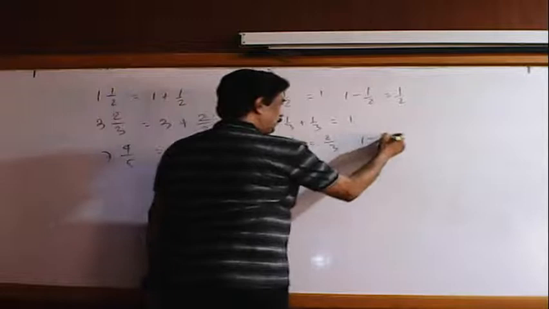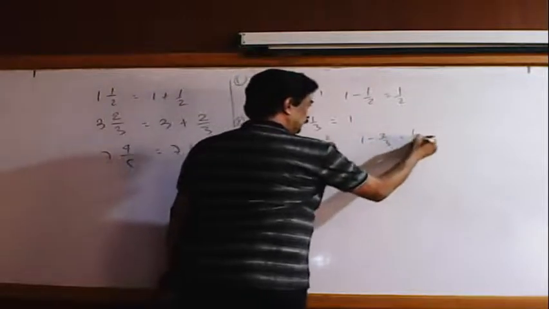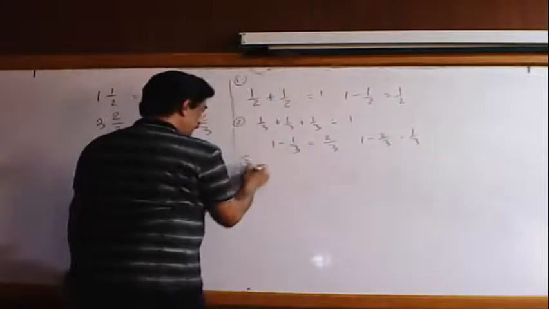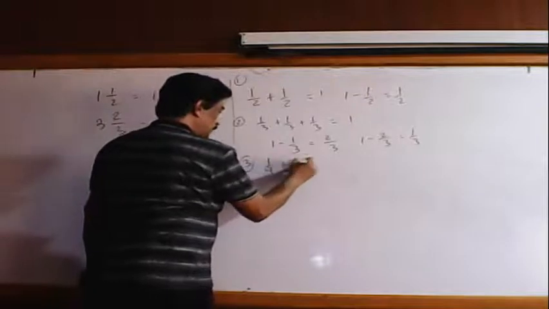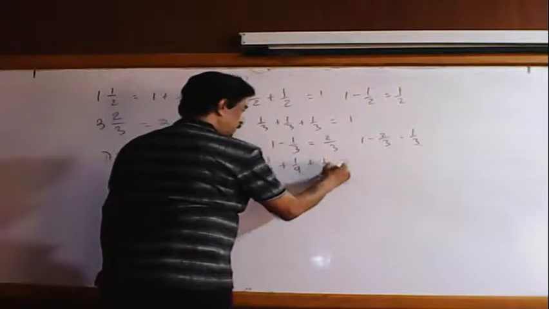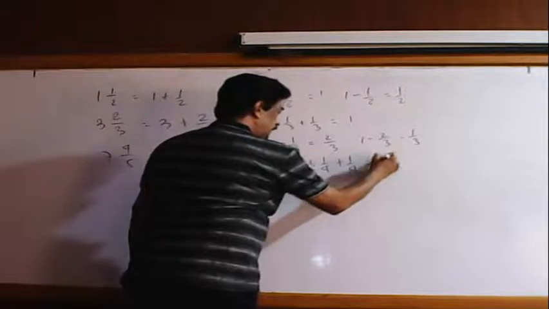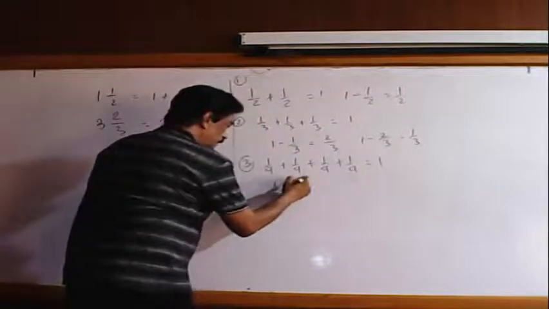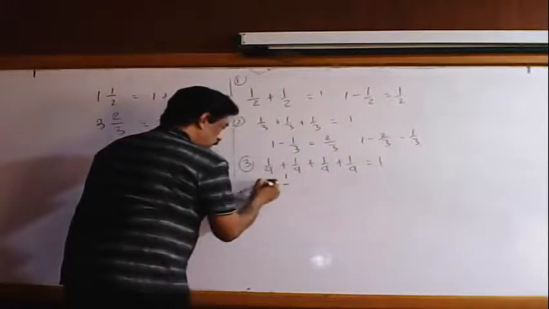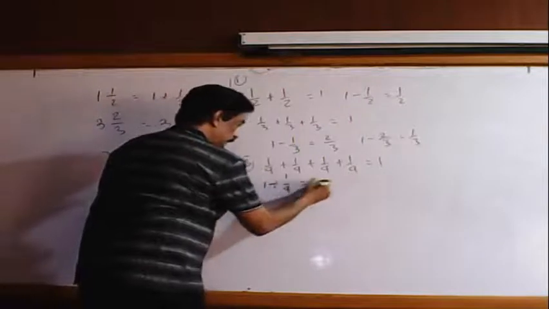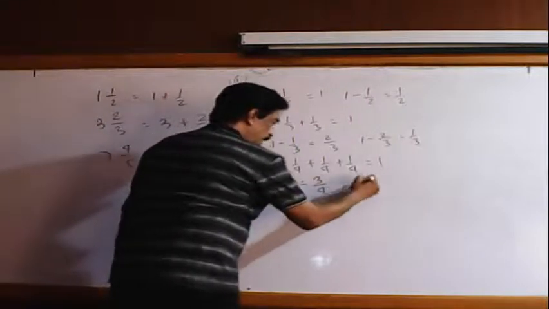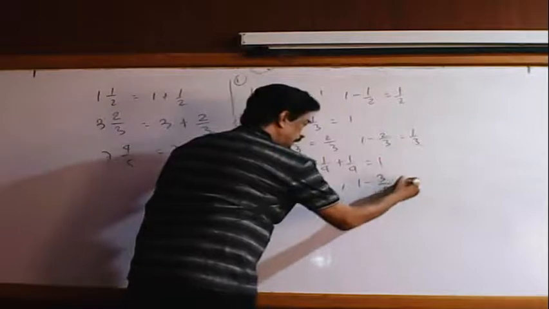And 1 minus 2 by 3, that is equal to 1 by 3. If I write 1 by 4 plus 1 by 4 plus 1 by 4 plus 1 by 4, the result is 1. If I write 1 minus 1 by 4, result is 3 by 4. And if I write 1 minus 3 by 4, that is equal to 1 by 4.